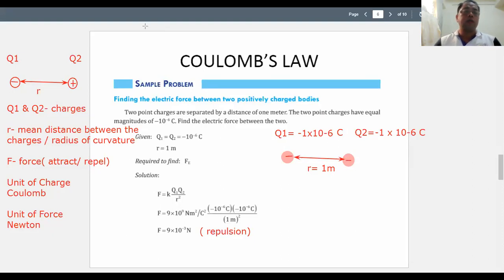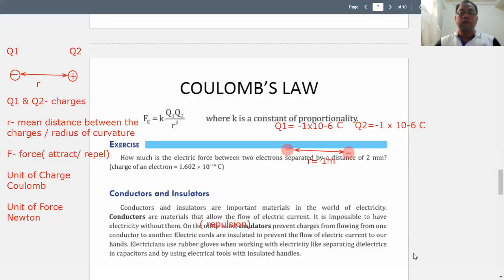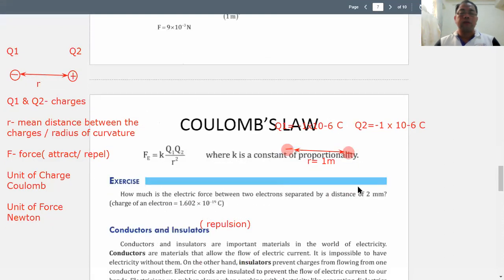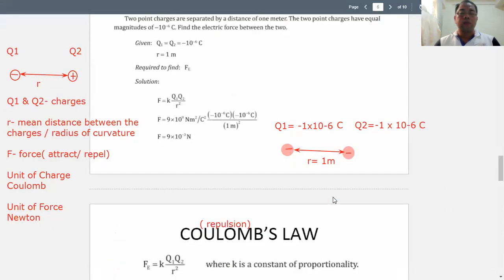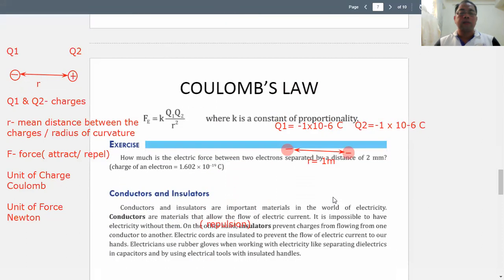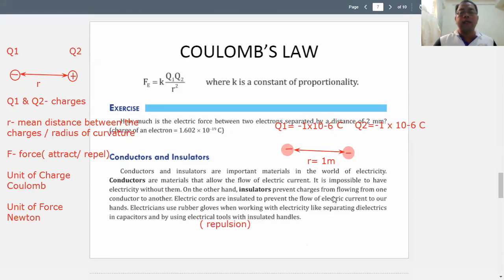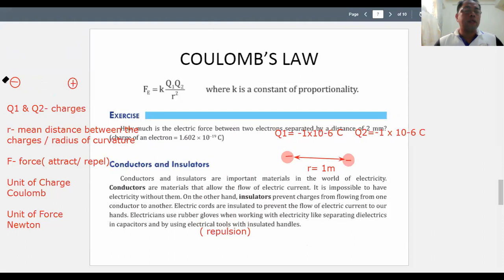So let's check another expression or another value here. This is our Coulomb's law, and again, K is 9 times 10 to the positive 9.